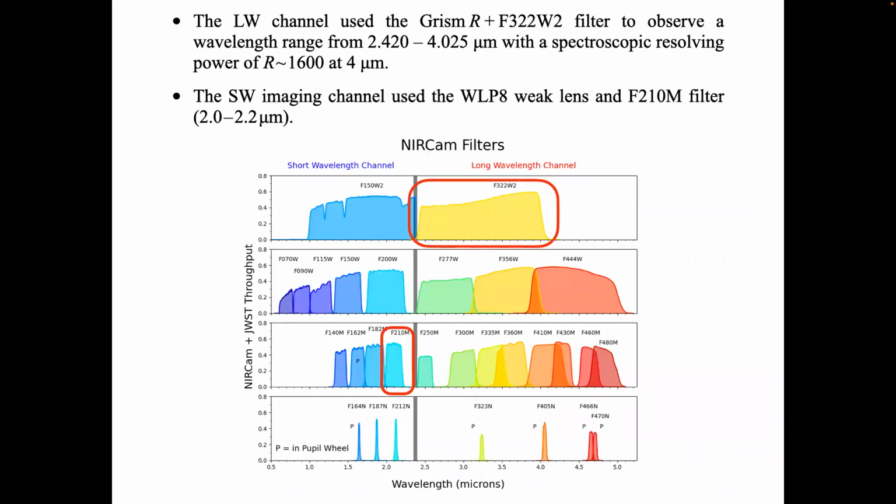We use this filter for the long wavelength channel, this prism, for covering this wavelength region, a very large window. And for the imaging, we use this filter, 2.2, between 2 and 2.2 micron.